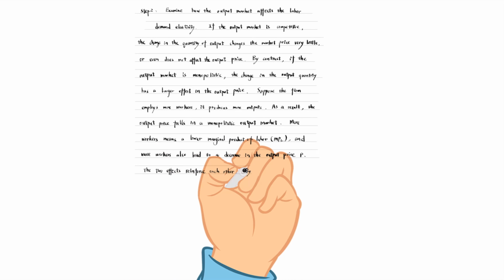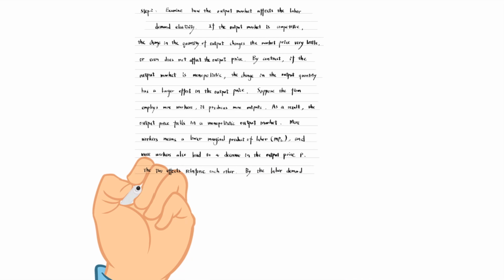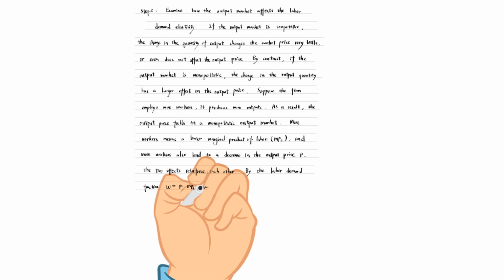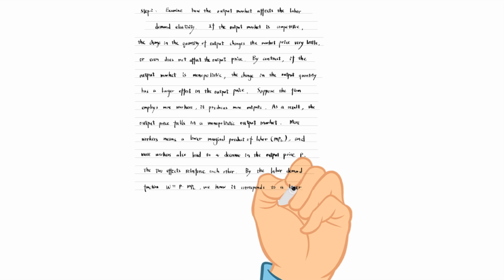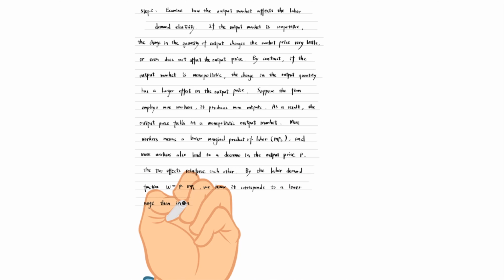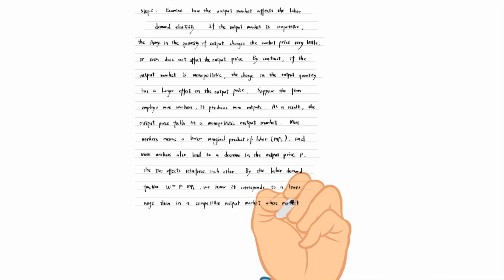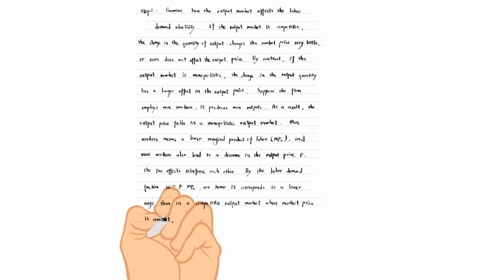By contrast, there's only one effect if the firm hires more workers in a competitive output market. The marginal product of labor falls. By the labor demand function, we know that the firm is willing to pay a lower wage in a monopolistic output market than in a competitive output market.